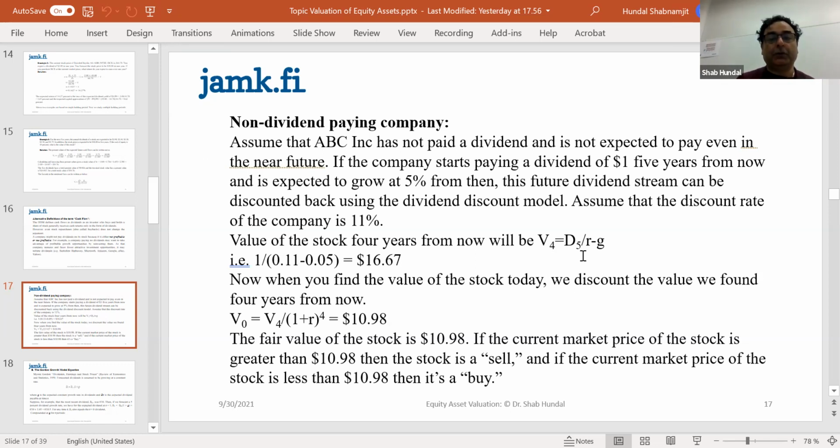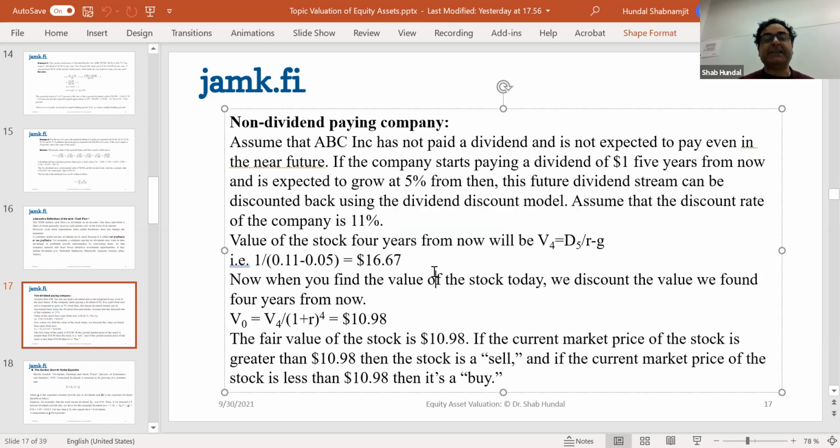So what we do here, we put D5, the dividend which you get in the fifth year, divide by R minus G. What is R? The discount rate, the CAPM rate, minus G, the growth rate of dividend. This is the formula as per the dividend discount model. And that would give us 16.67.